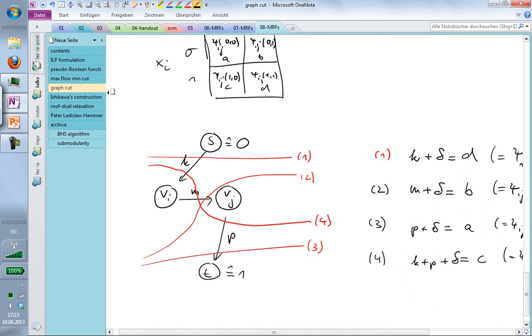And here, according to this cut, Vi is in the set of the sink and Vj is in the set of the source. This is why it's not counted. And the max flow min cut theorem only holds for the min cut as defined here.